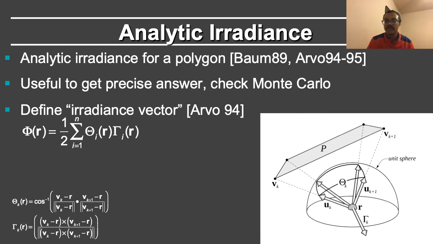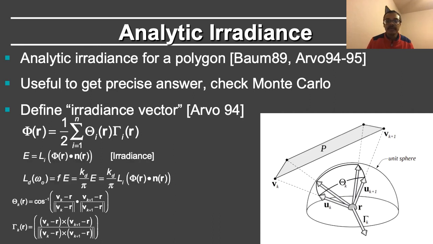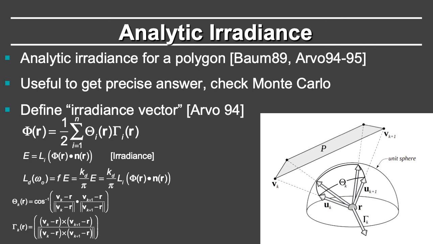So essentially you're computing a dot product of the unit vectors to find the angle, and then you take the inverse cosine. For gamma k, similarly, you're finding the normal to the cone, and that is done using a cross product. For the simplicity of your implementation, the formulae are explicitly listed on the slides and in the homework assignment.